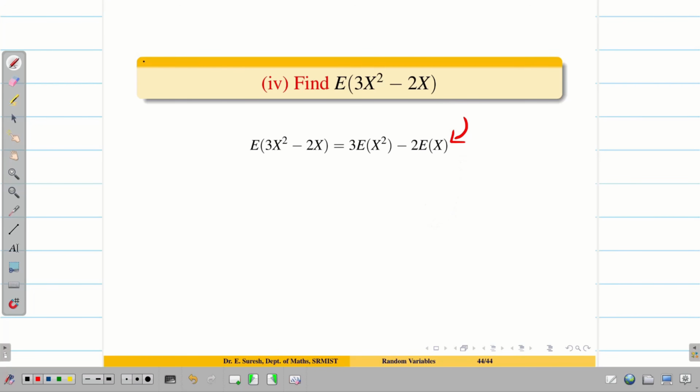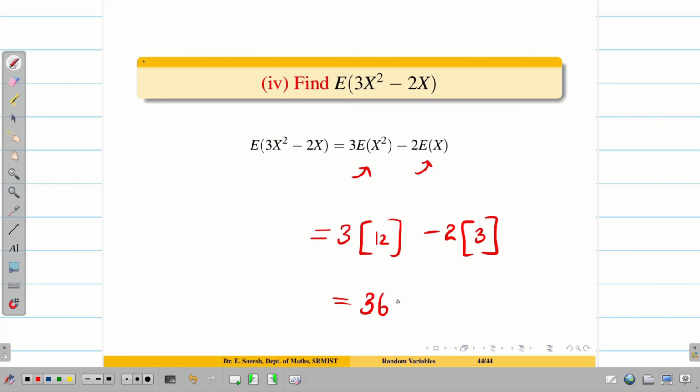Since E satisfies the linear property, we know that E of ax is equal to a into E of x, where x is the random variable and a is the constant. So E of 3x square minus 2x is equal to 3 times E of x square minus 2 times E of x, and E of x square value is 12, minus 2 times E of x value is 3. So we get 36 minus 6, that is 30.